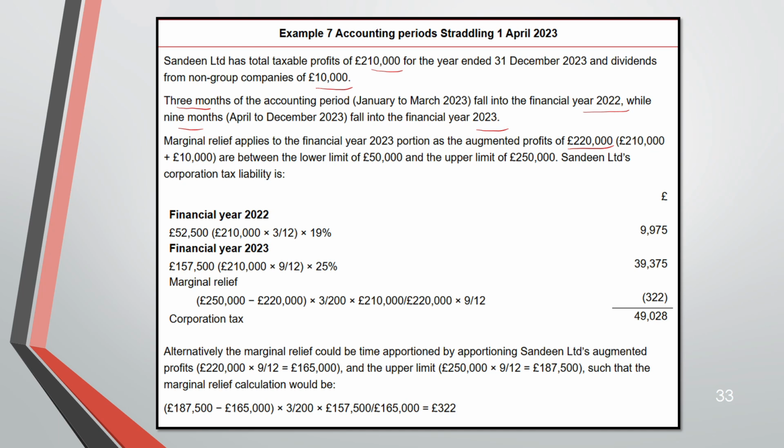How do you know that? See, you have to apportion this also and this also. So you have to apportion it for 9 months when you're in 2023 and 3 months for 2022.